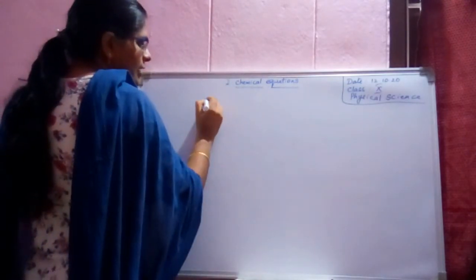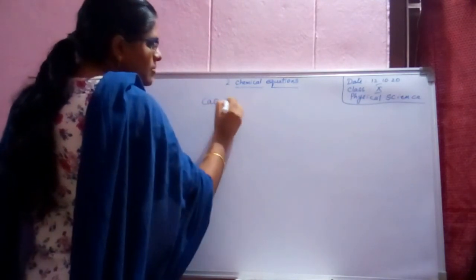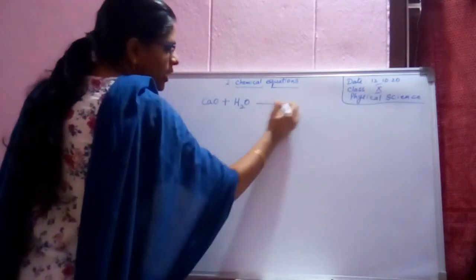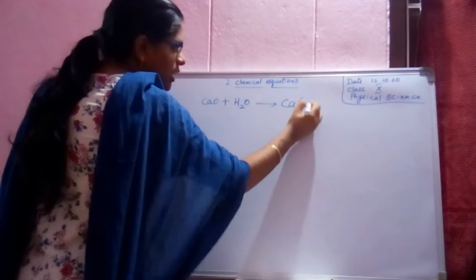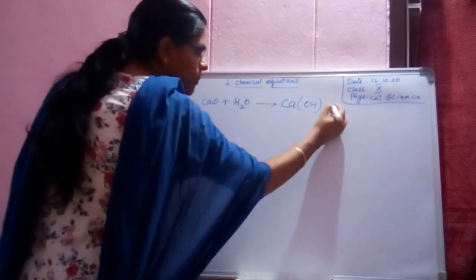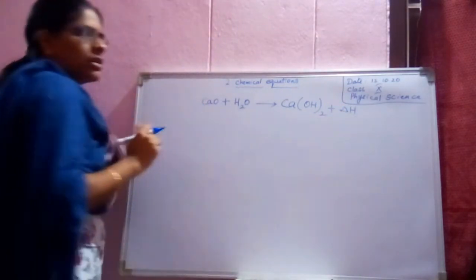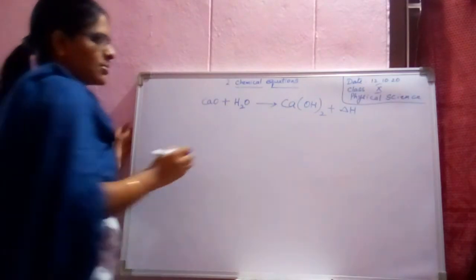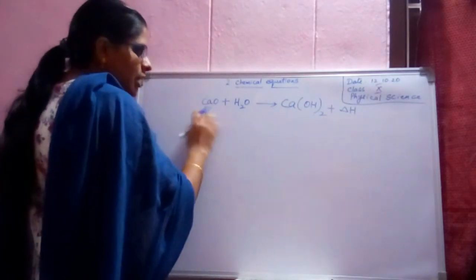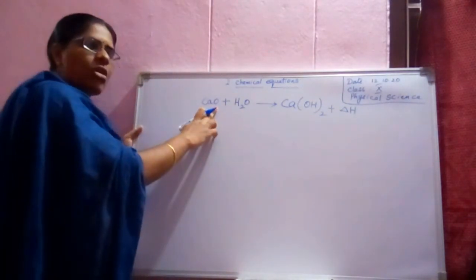Let us take another example: CaO plus H2O gives Ca(OH)2 plus delta H. Look here, CaO indicates calcium oxide.